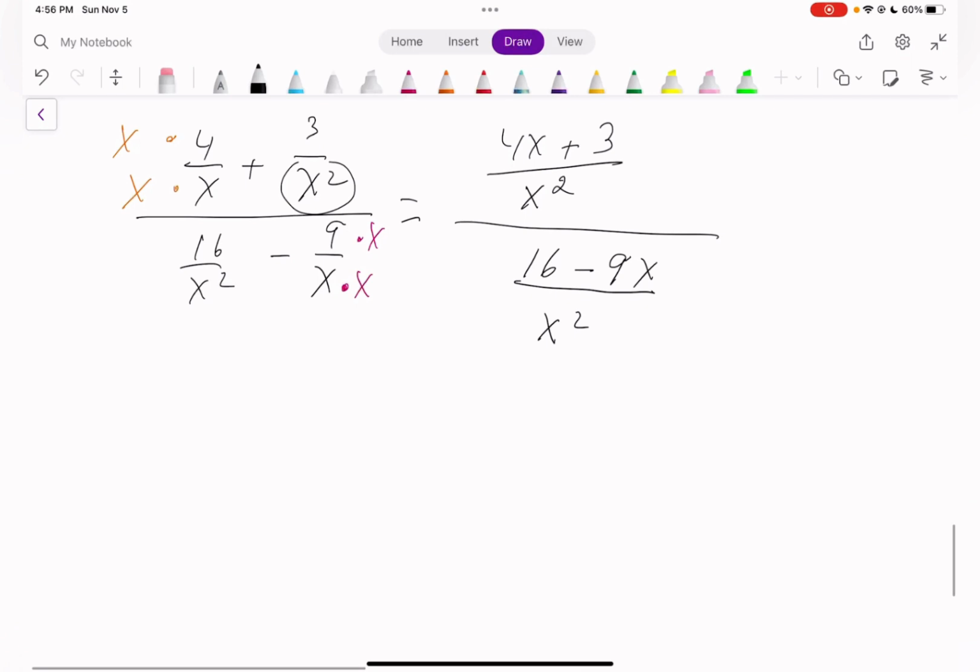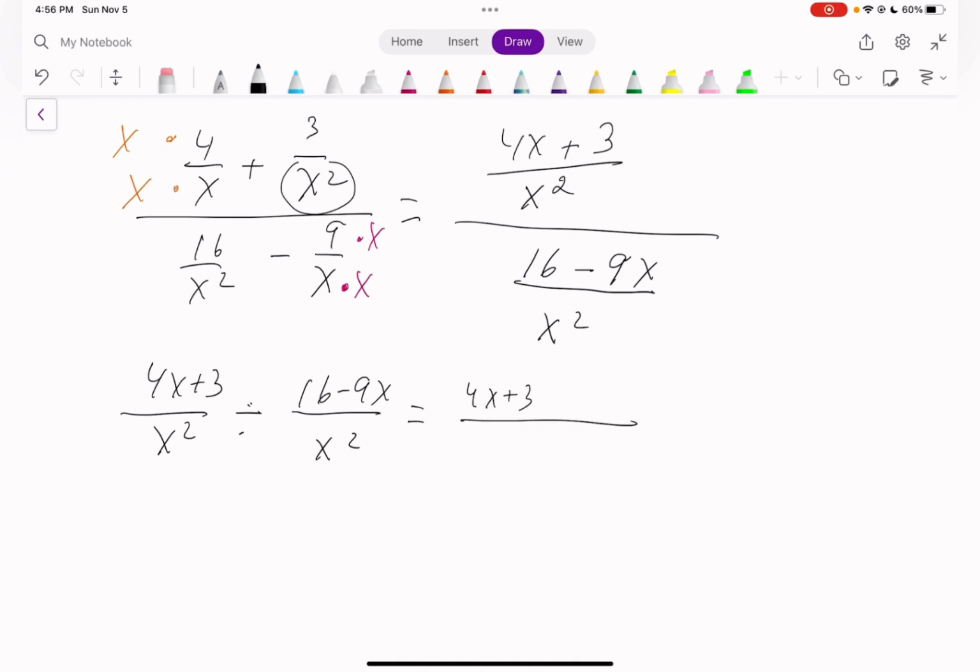Okay, so from here I'm going to divide these two fractions. So it's going to be 4x plus 3 over x squared dividing by 16 minus 9x over x squared. And what is going to be here? 4x plus 3 over x squared, flipping the second fraction, x squared, and here is 16 minus 9x.